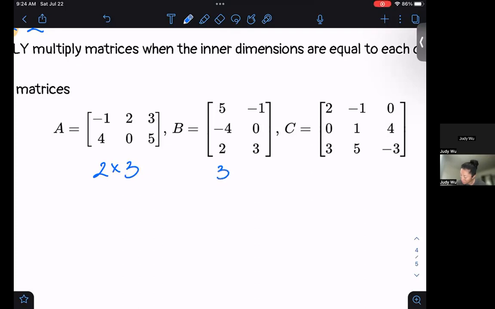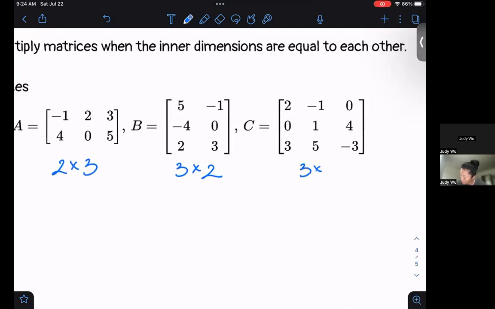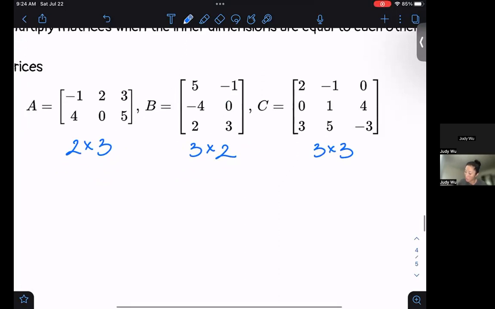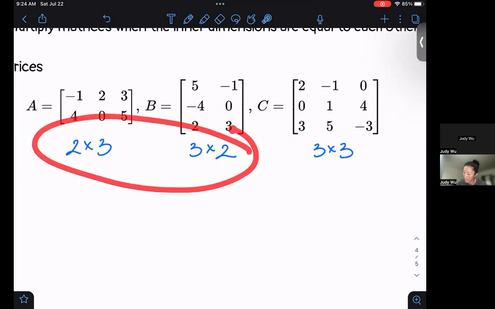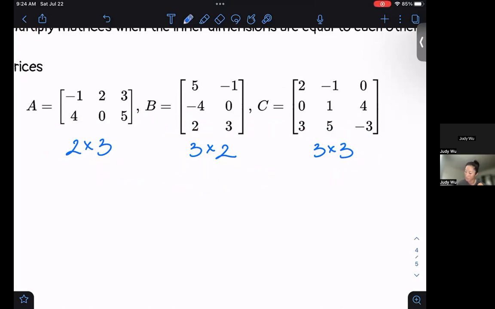B has 3 rows and 2 columns, and C has 3 rows and 3 columns. For example, I could multiply A and B because the 3 and the 3 match. But could I do B times C? Well, this 2 is not equal to the 3. So if I see B times C, I can already say I can't do that one.